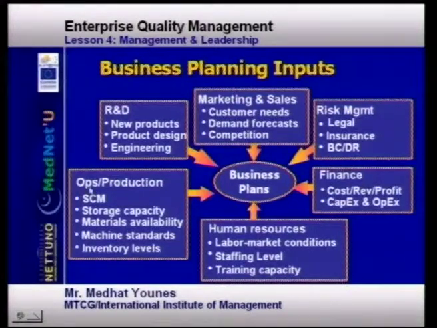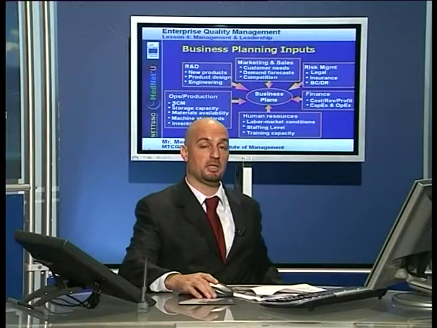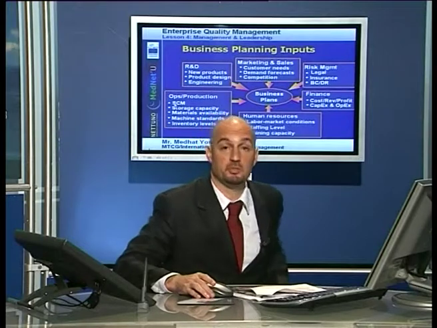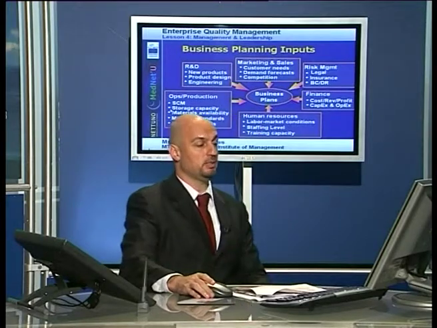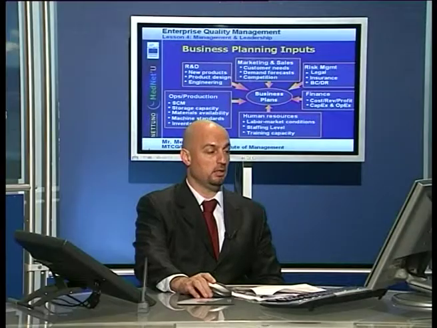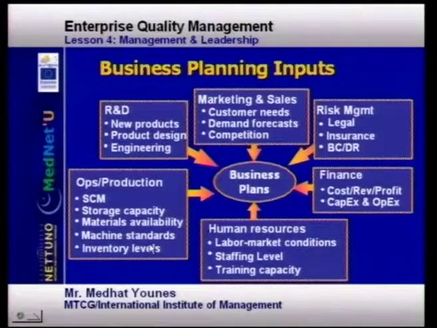For operations and production, you have the supply chain management. You provide plans regarding the quality of procurement or purchasing of materials from your suppliers, and you make plans for storage capacity, material availability, machine standards, and inventory levels.